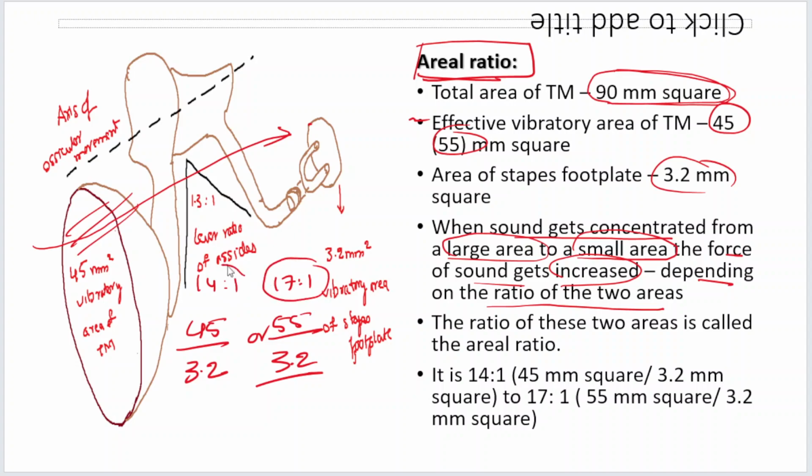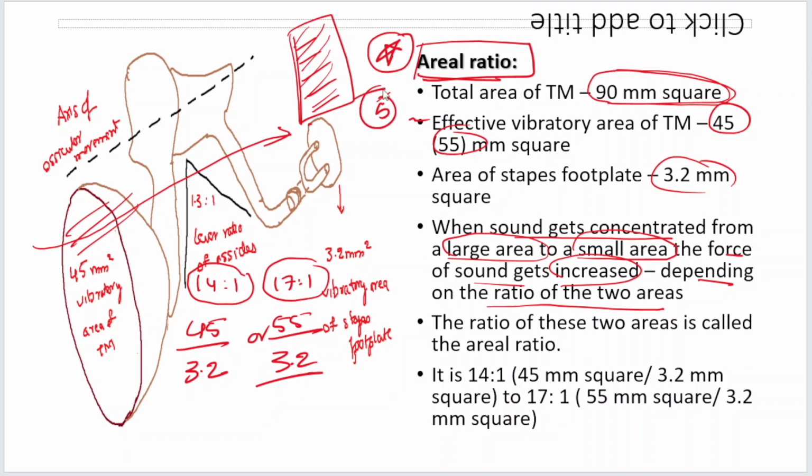This is the areal ratio, and it is the most powerful transformer action compared to all five that we just listed: areal ratio, lever ratio, curved membrane effect, phase difference, and natural resonance. Out of all these five, the areal ratio has the biggest part in the transformer action.